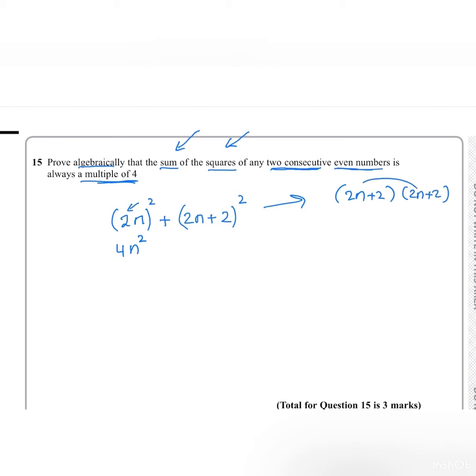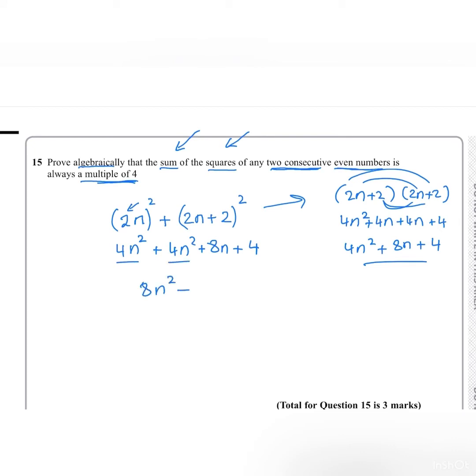So multiply them out. We got 4n squared plus 4n plus another 4n and plus 4 and 4n squared plus 8n plus 4. So we write this down over here. So 4n squared plus 8n plus 4. Okay, so collecting like terms, that's 8n squared plus 8n plus 4.